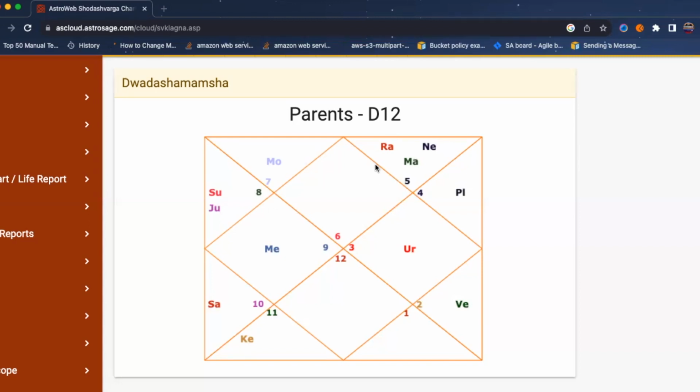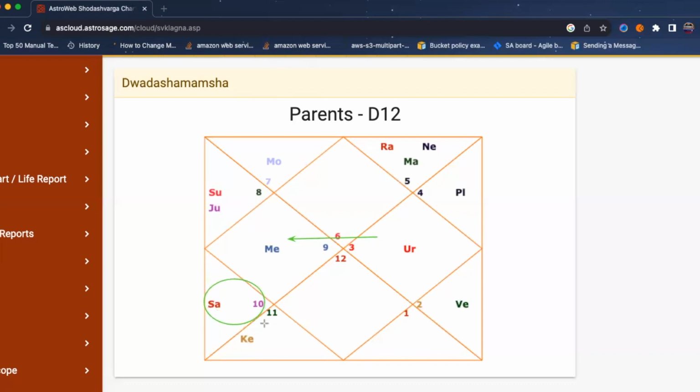Generally you can see 10th house lord is in the 5th house. The parents' karma is already in the 5th house, that I will show you. So here, you can see karma is seen from Saturn. Generally you can see here Saturn is placed in the 5th house.